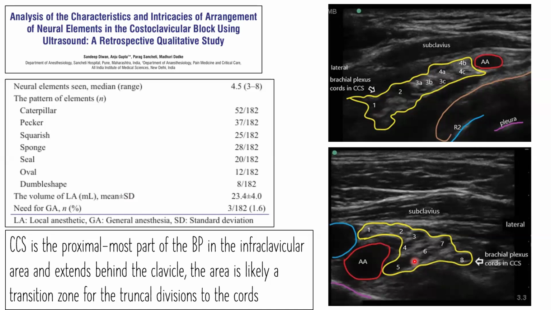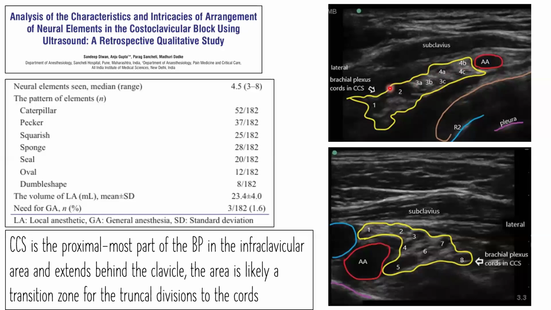And perhaps if your brain has been impregnated with the thought that the brachial plexus at the level of the costoclavicular space is just the lateral, medial, and posterior cord, you might fail to notice all these neural structures. If you fail to look at the structures maybe at this point beyond 3B and you don't inject here, you might get a failed block.